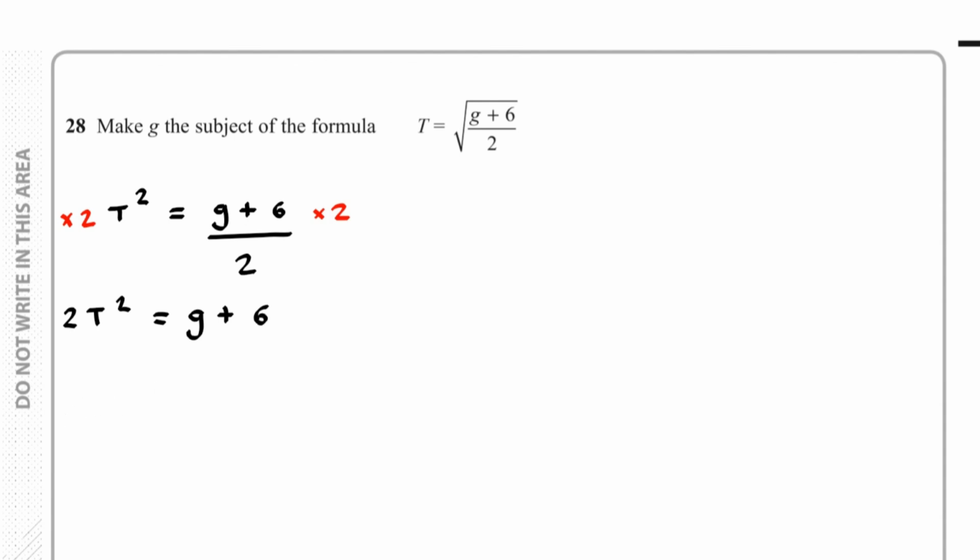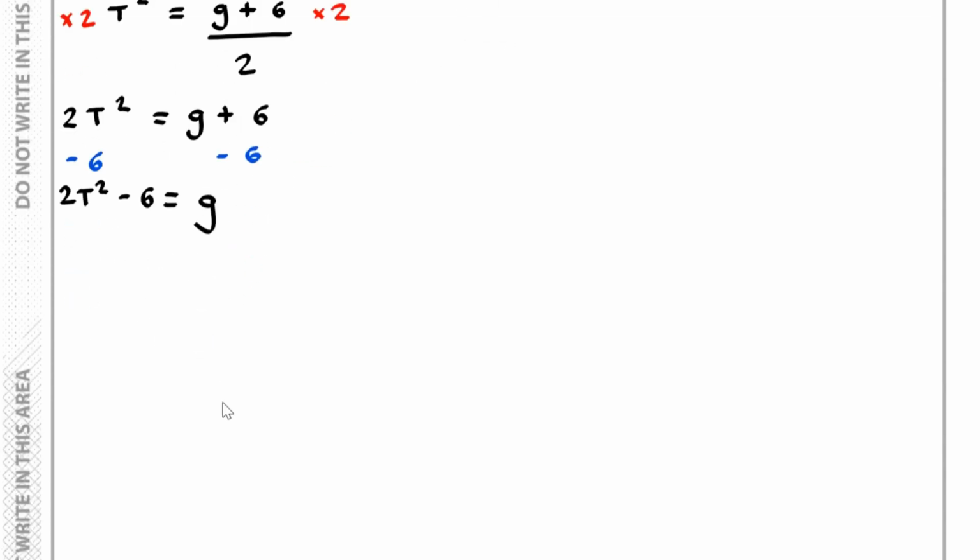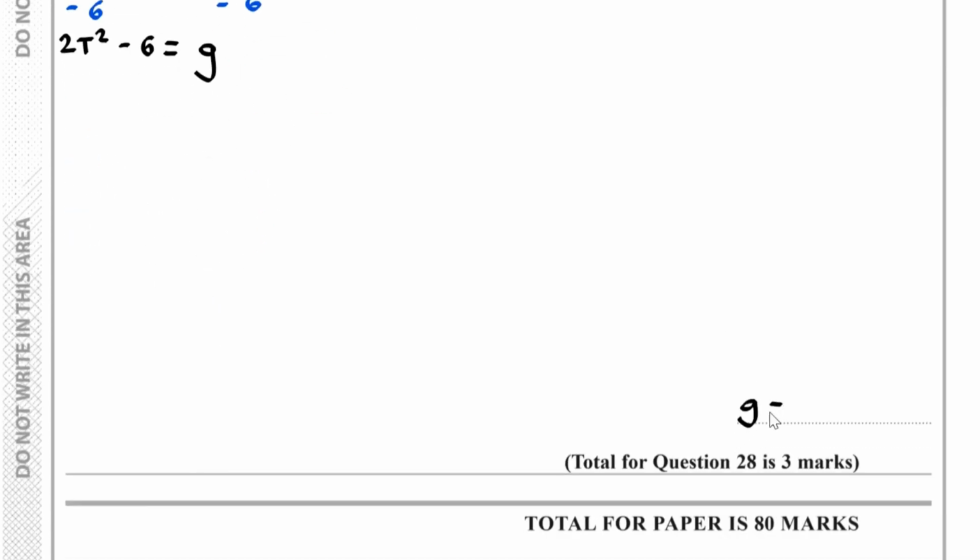We want to get g by itself, so now if we subtract 6 from both sides, we will be left with g equals 2t squared subtract 6. So we've got g equals 2t squared subtract 6.